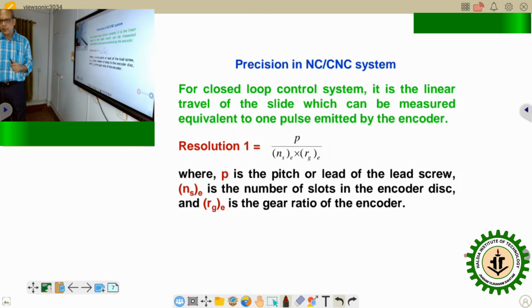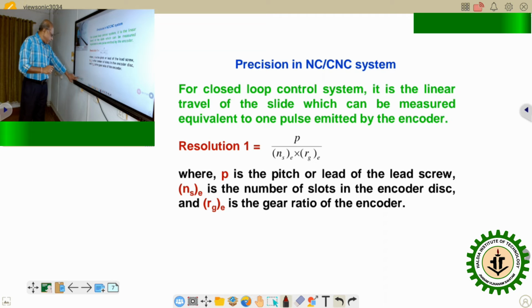At the end of the lead screw, to monitor the position of the displacement, some encoder is mounted. If you can recall the closed loop control schematic diagram, at the end of the lead screw, you will find a disc type of arrangement which is called encoder. Okay, so encoder construction is also to some extent similar to that of a stepper motor.